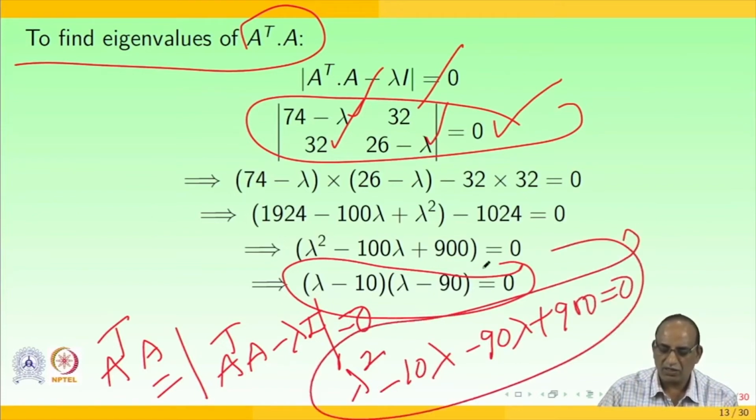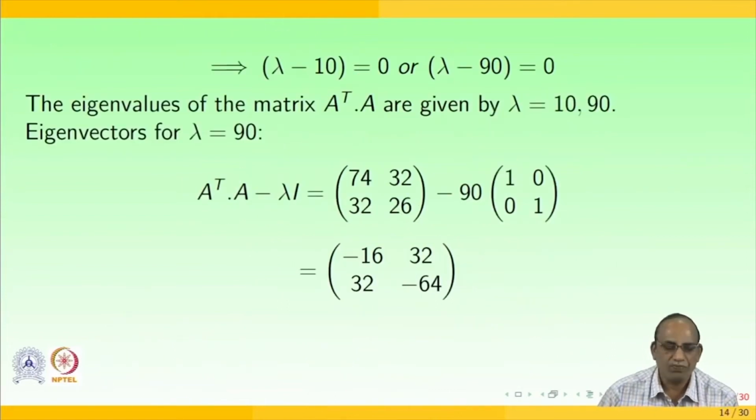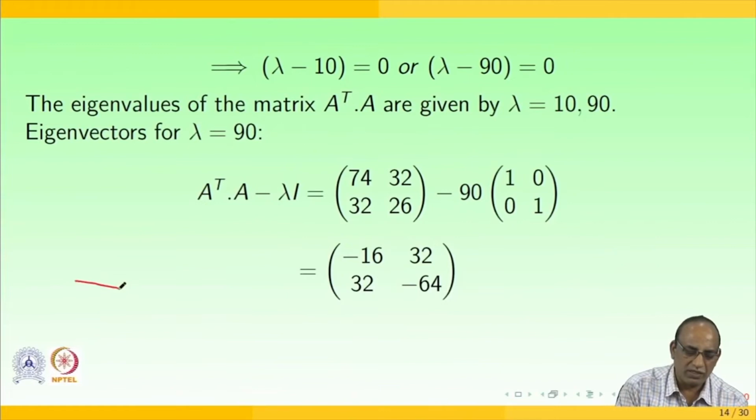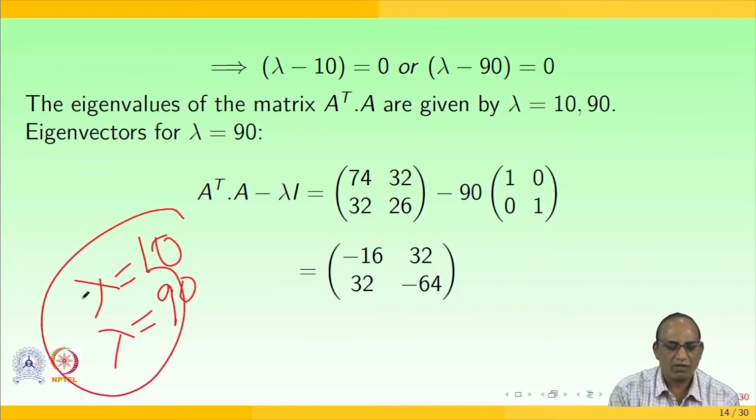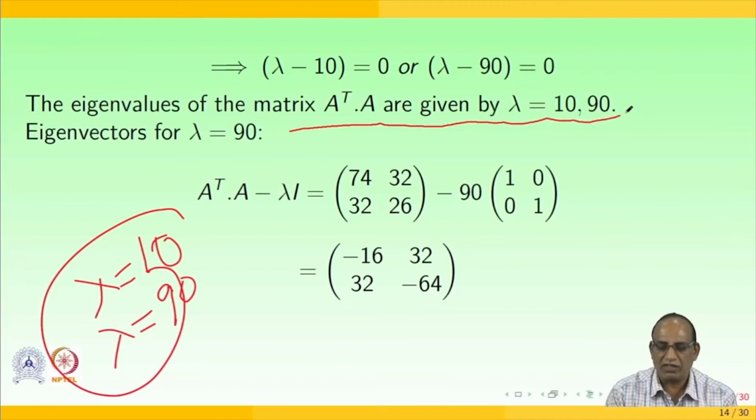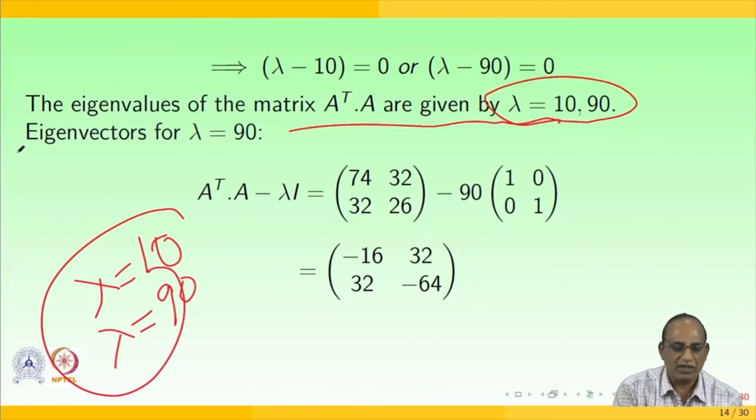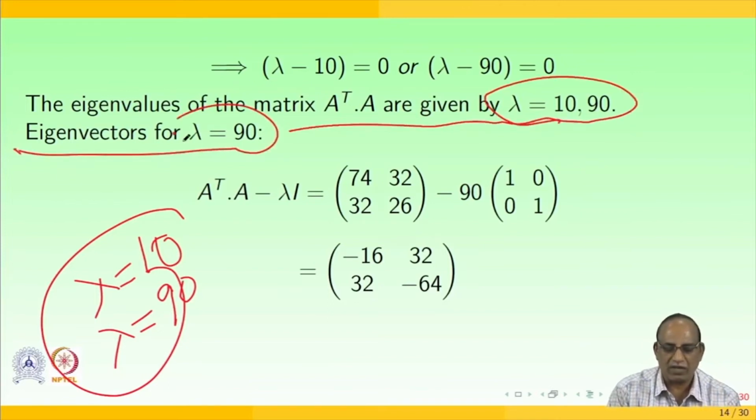So essentially lambda is equal to 10 or lambda is equal to 90. The eigenvalues of the matrix A transpose A are lambda is equal to 10 and lambda is equal to 90. Eigenvectors for lambda is equal to 90.